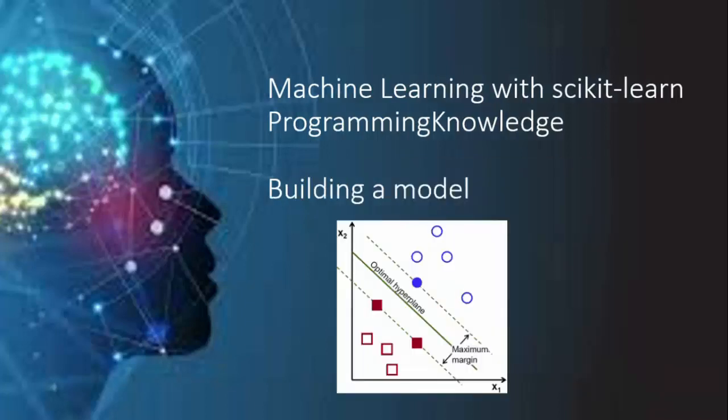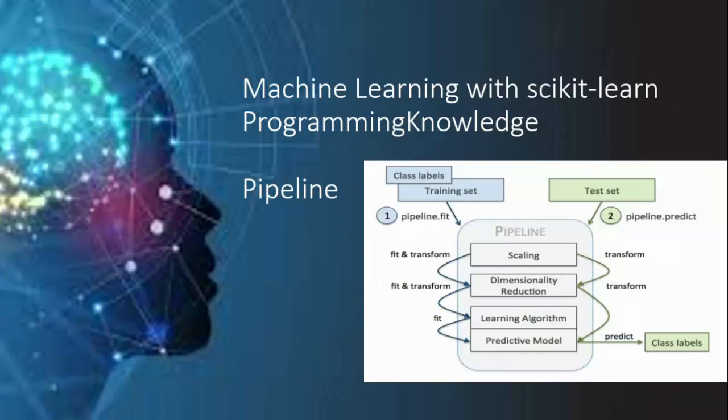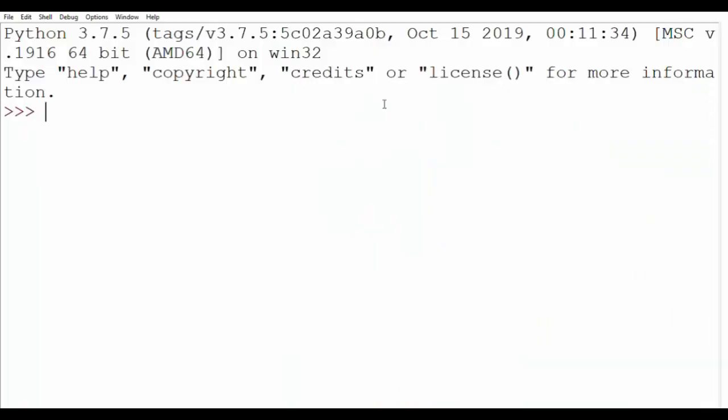Now that we have some theoretical idea about pipelining, let's head over to Python and code its simple implementation and see how it is actually done. So first of all, we'll import the required packages and datasets.